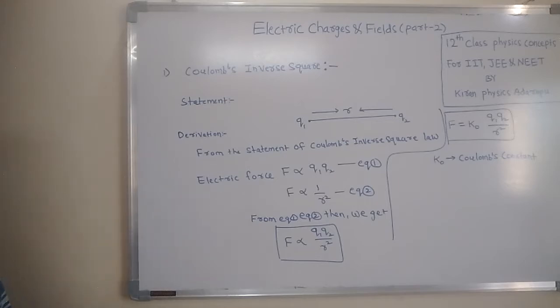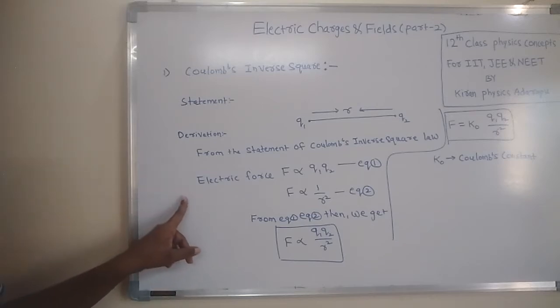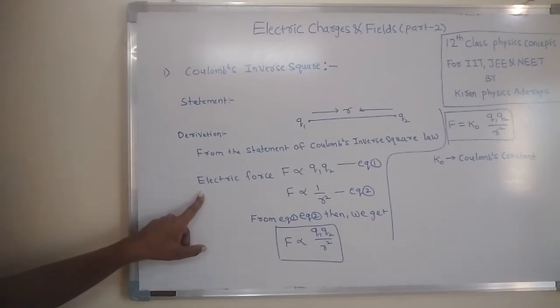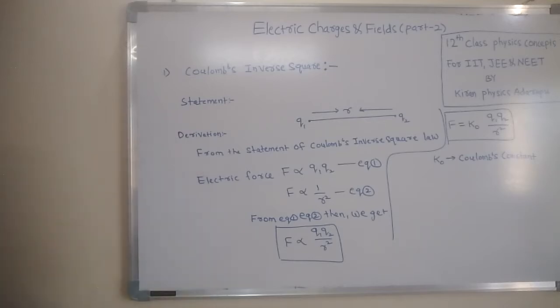Gravitational force is only a force of attraction between any two bodies, but Coulomb's force is not only a force of attraction, it is a force of attraction or repulsion between any two charges. One more difference is that electric force depends upon the nature of the medium, whereas gravitational force is independent of the nature of the medium. In any medium, the gravitational force is similar.